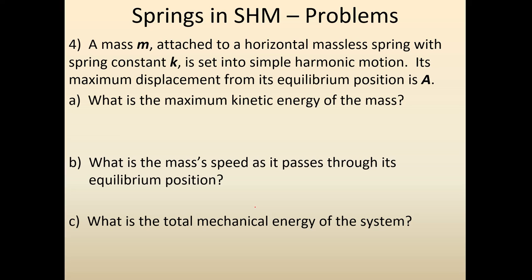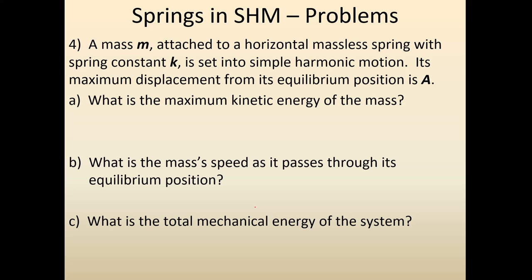All right, so the first question is, what is the maximum kinetic energy of this mass? Well, this object is going through simple harmonic motion. We know its maximum kinetic energy occurs at the equilibrium point. Based off of our understanding, we don't have enough information to figure out anything about the kinetic energy using that equation, so I have to use conservation of energy.